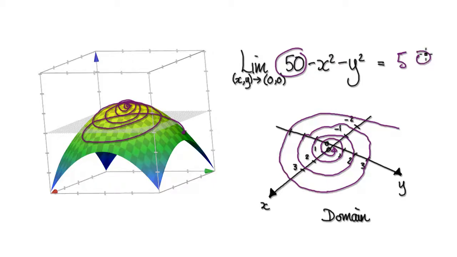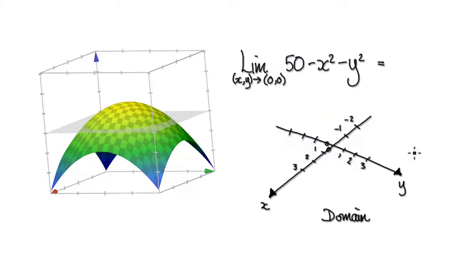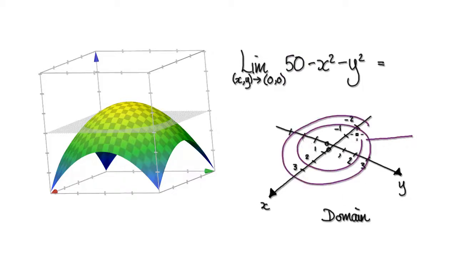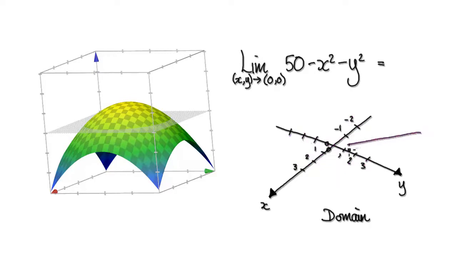But remember, the strange thing about 3D limits is that it must be satisfied in all directions. Earlier, I approached the origin in a spiral. You also have to satisfy approaching in straight lines. If you head towards the origin in straight lines, in this case, you're heading towards 50.